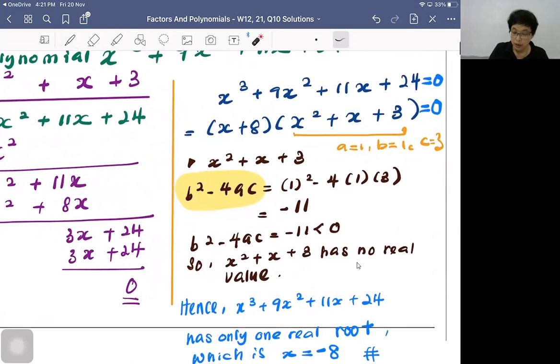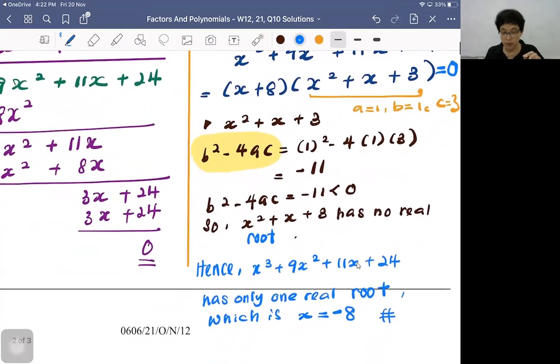So the quadratic actually has no real root, because the discriminant is a negative value. Let me just correct this, it's supposed to be no real roots.